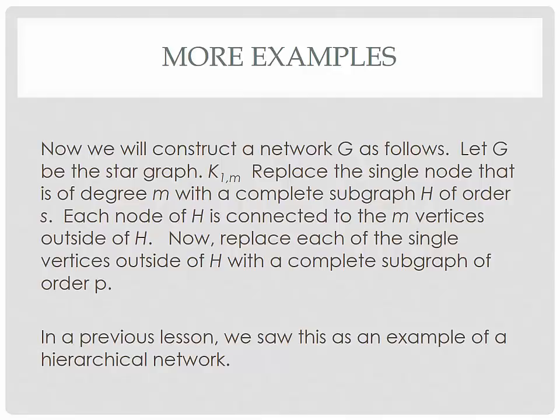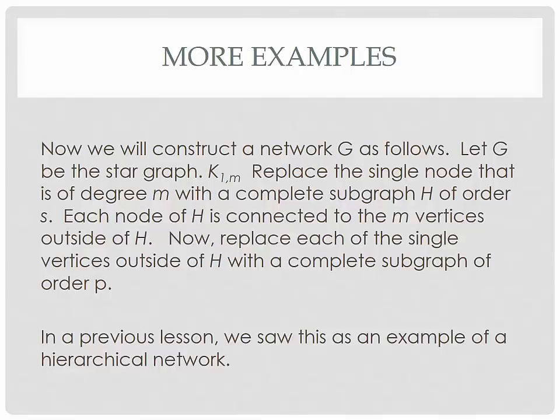We're going to construct a network beginning with the star graph, which is a single vertex of degree m, and its m neighbors are only connected to that single vertex. It's the K1m.